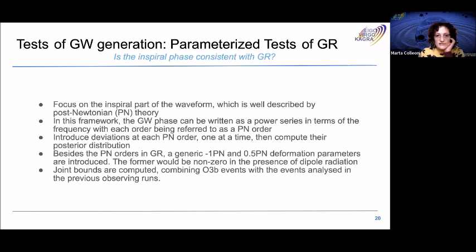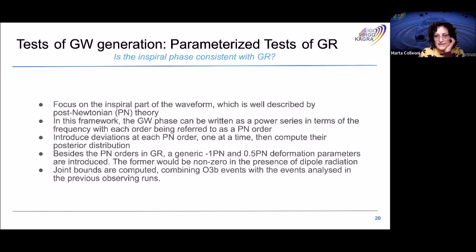And we introduce individual deviations at each PN order, one at a time, and then compute posterior distributions for these deviations. Besides the PN coefficients that are already present in GR, we also add generic modifications at -1 PN and 0.5 PN order.